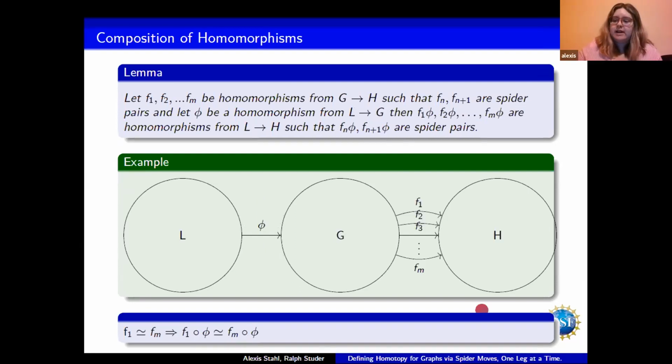Then we did the post-composition to show that this also preserves the spider pairs. Therefore, if F1 and FM are homotopic, then F1 composed with phi is still homotopic to FM composed with phi. We use these results a lot in our next stuff.